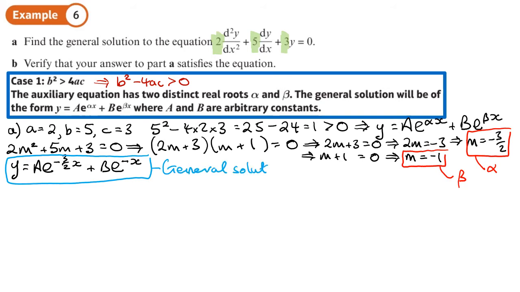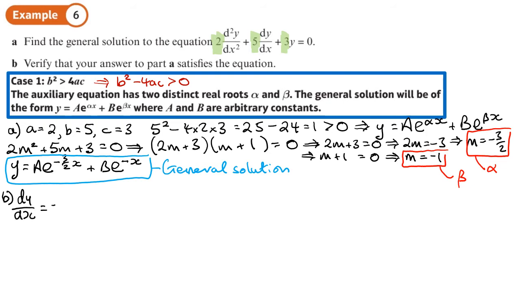Right, now part B, we need to show that that general solution satisfies the equation. So in other words, if I do 3 lots of this plus 5 lots of this differentiated plus 2 lots of this differentiated twice, I should get 0. So let's try that. Let's work out what dy dx is.